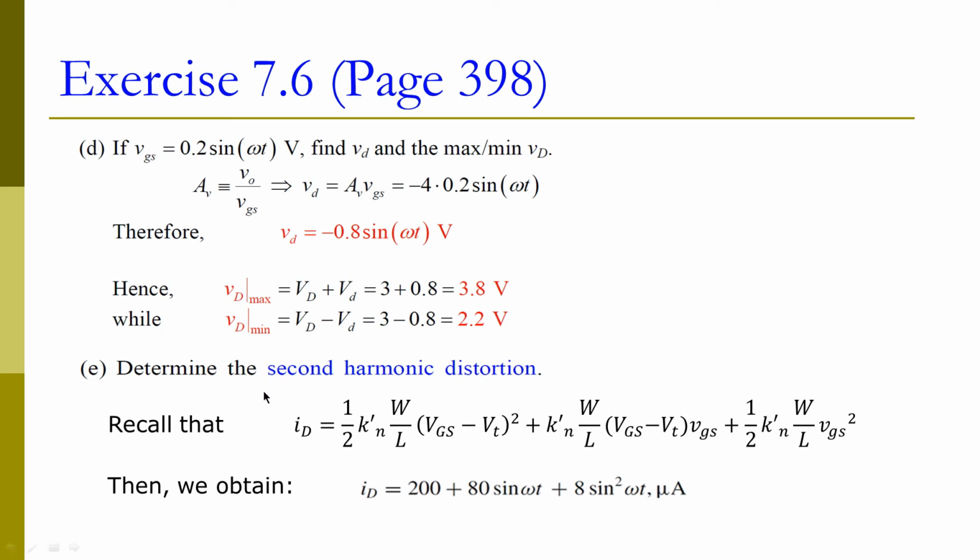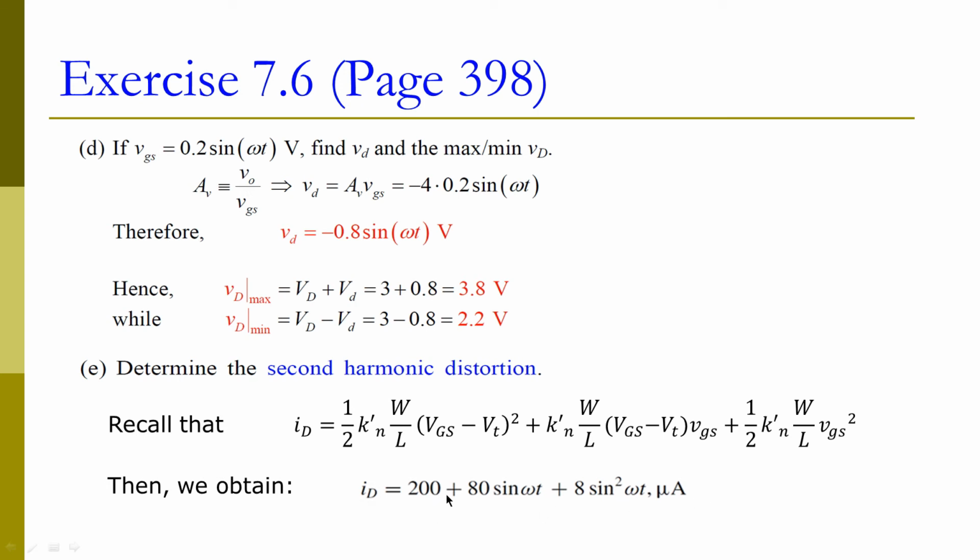Now in the end, let's determine the second harmonic distortion. To determine the second harmonic distortion, we first need to recall the total current we obtain without ignoring the harmonic term. If we plug in all those values, the DC part, the AC part, and the higher order part, we are going to get the total current in this formula.